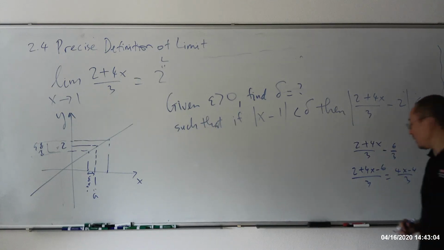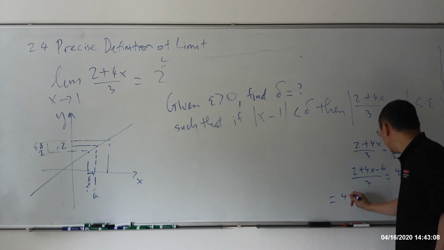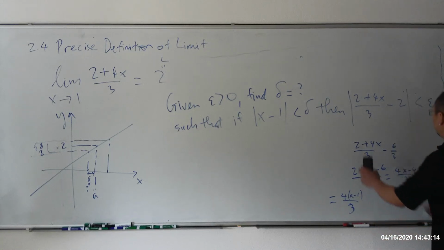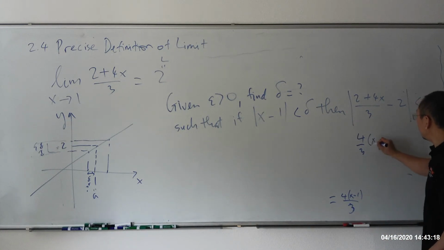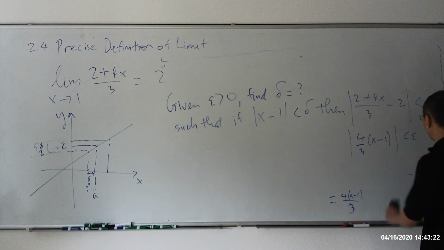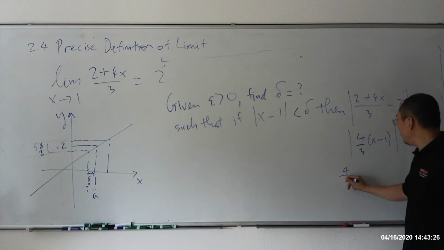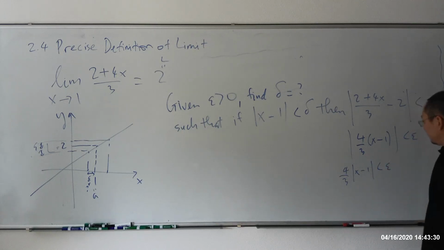I simplify, combine the like terms, and factor out the 4. I get 4 times (x minus 1) over 3, which is the same thing as 4 over 3 times (x minus 1), with absolute value less than epsilon. 4 over 3 is a constant, so we can pull it out: 4 over 3 times the absolute value of x minus 1 is less than epsilon.